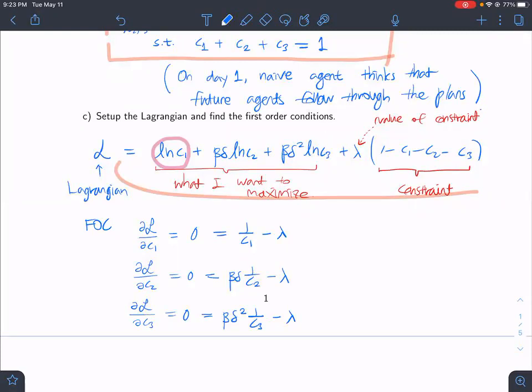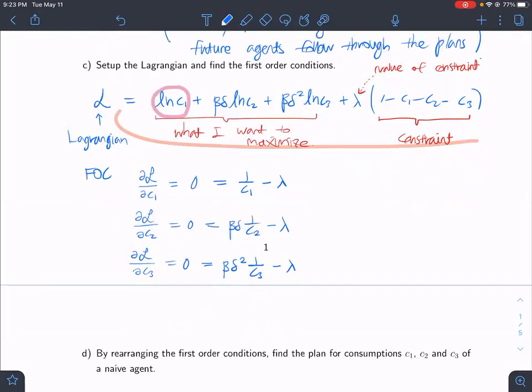Now we just need to rearrange the equations and find the solutions. Oh, I missed one thing. When we state first order conditions, it's also good to state what the budget constraint is: consumption of cake at day 1, 2, 3 adds up to 1.